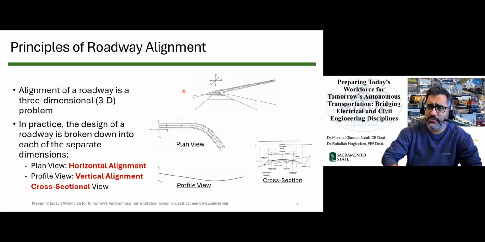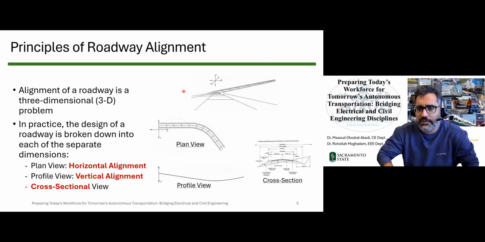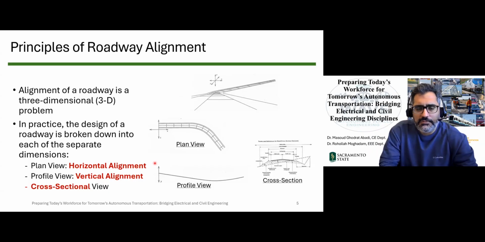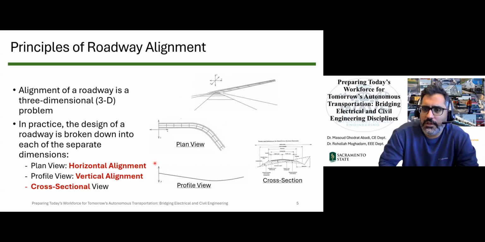For the purpose of this workshop, and given the time limits that we have and the importance of this topic in the autonomous vehicle area, we think that horizontal and vertical alignments are most related. So I'm going to only talk about these two alignments. I'll start with vertical alignment and then we'll finish with horizontal alignments.